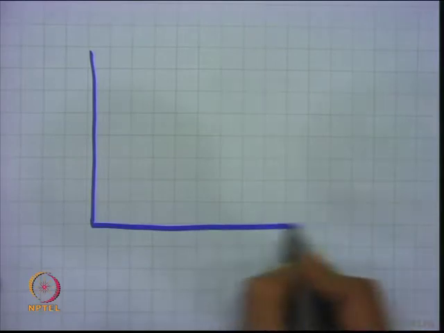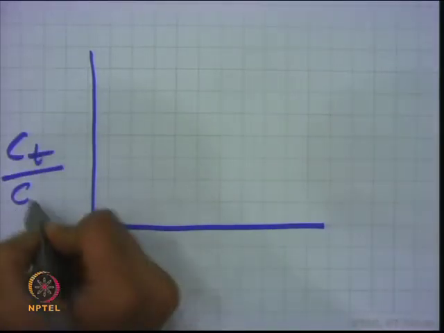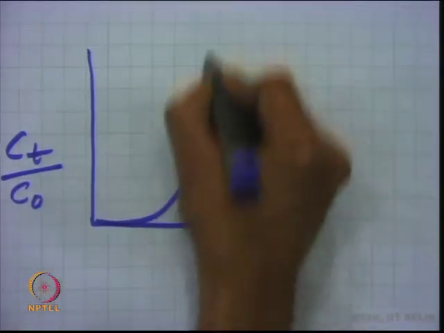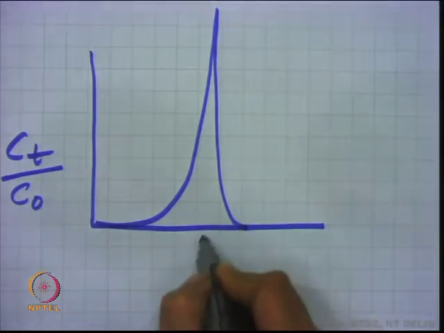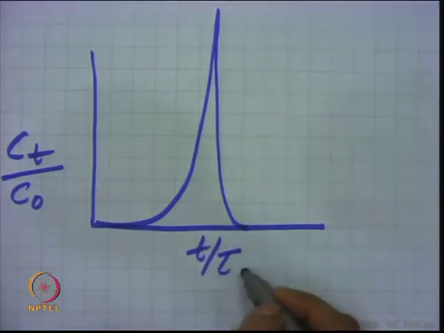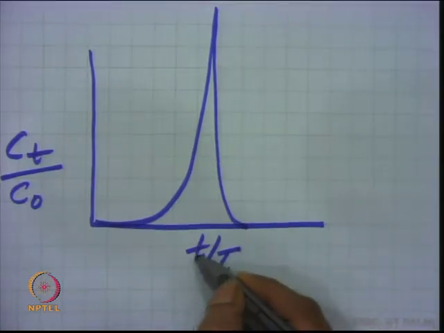So, basically what is this? If I just talk in terms of CT by C0 for a tracer input. For an ideal plug flow reactor, everything should come at the same time. So, this is your T by tau base. If I just plot this, where tau is the actual space time or residence time, and T is the time inside the reactor.